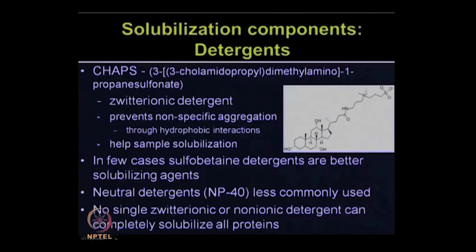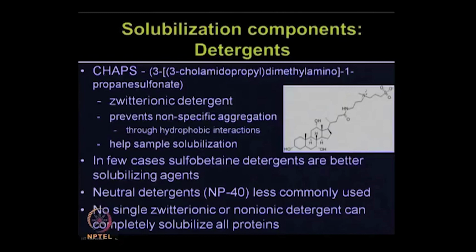Depending upon your sample type, different types of detergents could be useful. In a few cases, ASB 14 or sulfobetaine detergents are better solubilizing agents. You also have the option of using neutral detergents such as NP 40, although they are less commonly used.